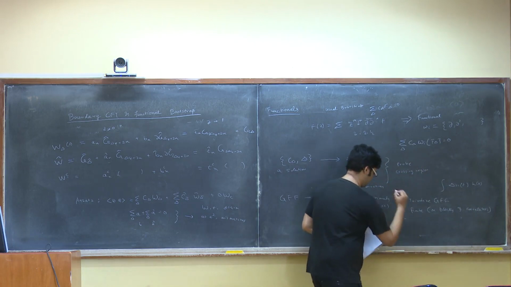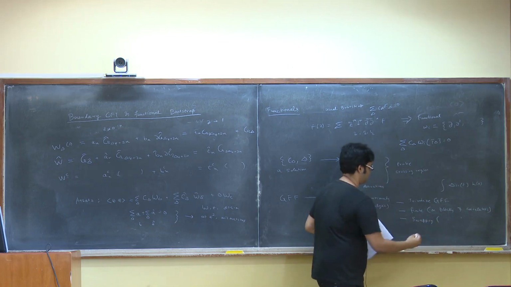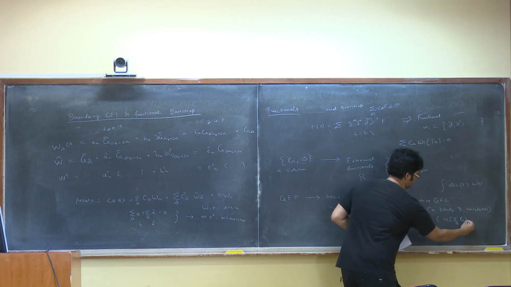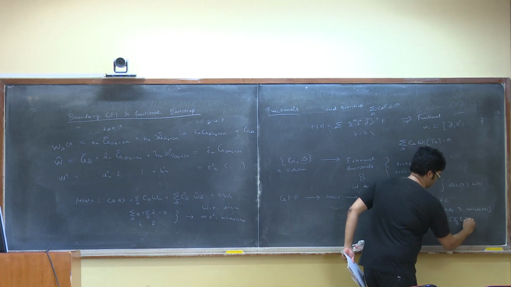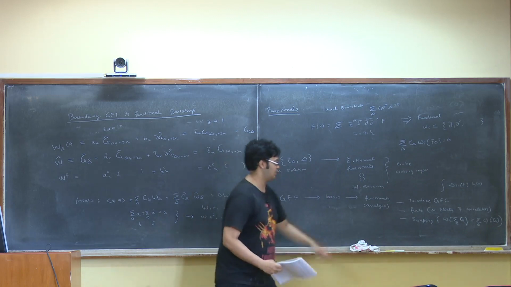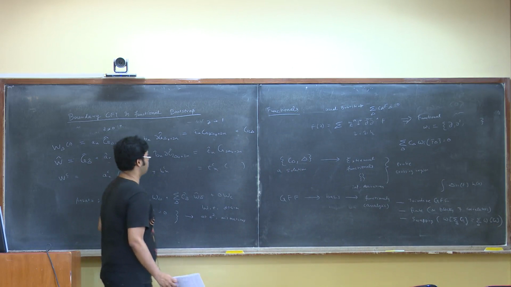And also, they have to have the property of swapping, which is a simple property that omega acting on a sum of g's is equal to a sum of omega acting on each g. This is the property of swapping. So I have to take into account that they satisfy the following things.